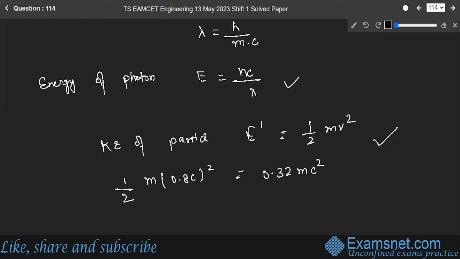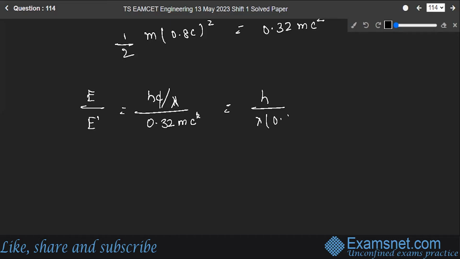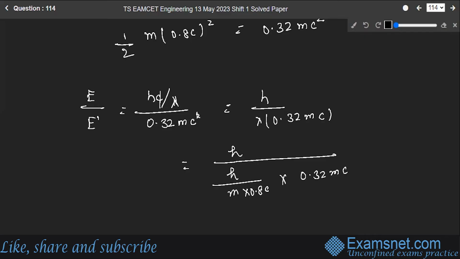Right. Let's do the division of these two things. You will have E upon E dash is equal to hc upon lambda, upon 0.32 m c square. This is equal to h c, and c will cancel over here. So you will have h upon lambda into 0.32 m into c, which is equal to h divided by h upon m into 0.8 c, into 0.32 m into c.